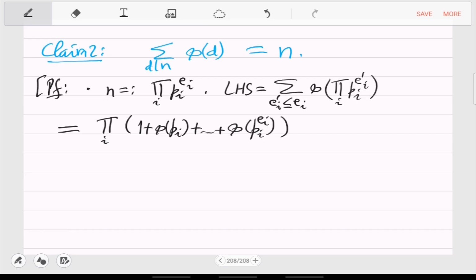The proof of this is that when you try to expand this product out, you will see that you will get all possible divisors d, right? Is that clear? And what next? What do you do with this?